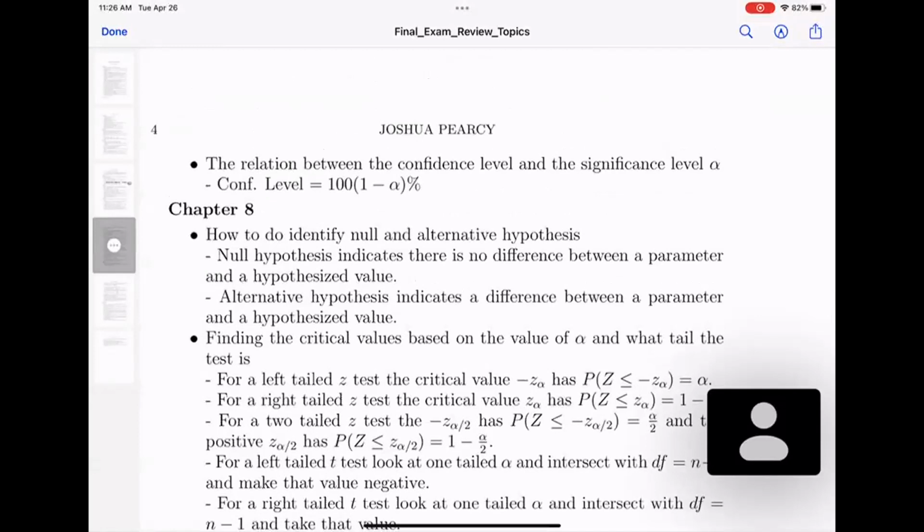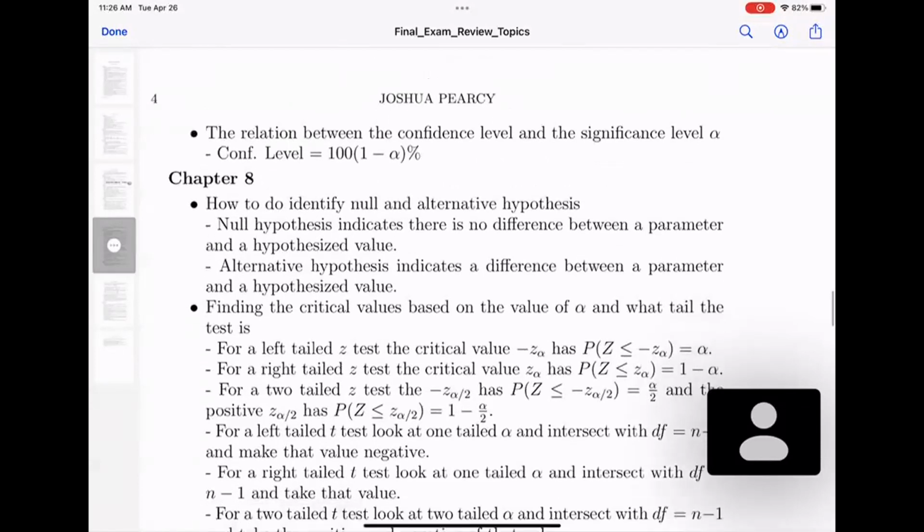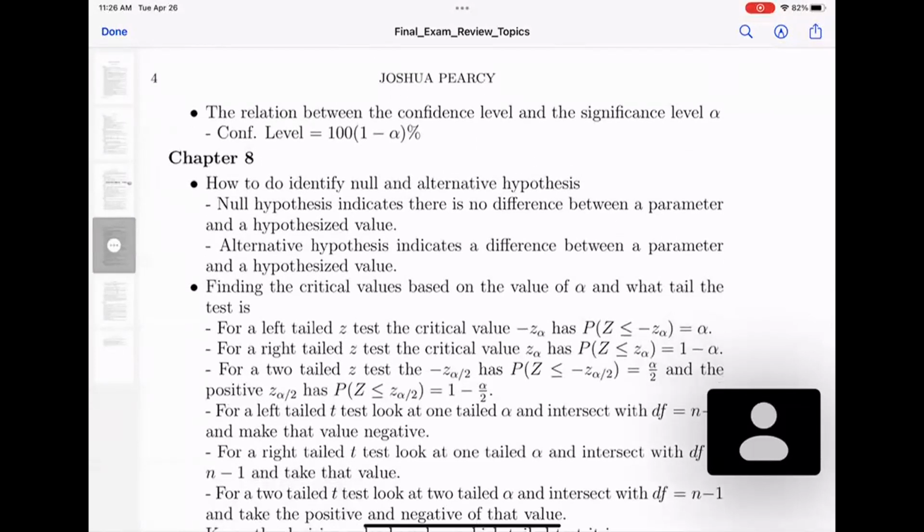Then chapter 8 was where we started talking about hypothesis testing. The first thing we went over was the null and the alternative hypothesis and the definition of each. So you should probably know the definition of each. The null hypothesis states there is no difference between a parameter and a hypothesized value. And we looked at the different forms that could take on.